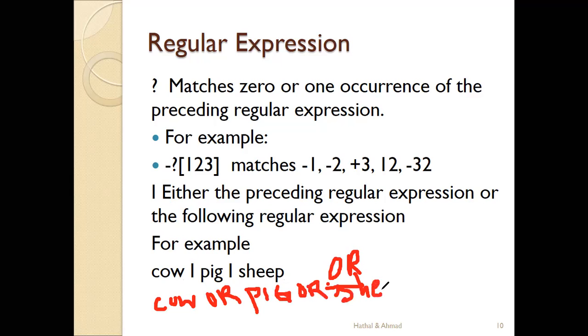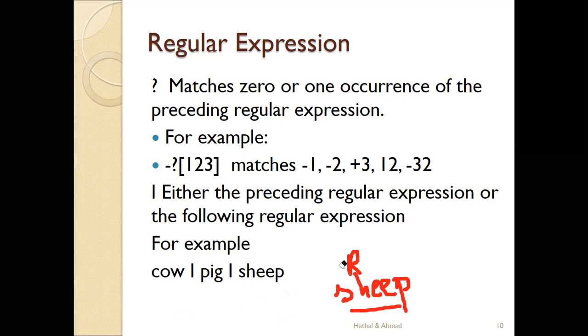So the lexical analyzer can try to match either a cow, a pig, or a sheep using this operator. Commonly this is called the OR operator. Let us see some more examples and some more notations that are used for describing expression patterns.